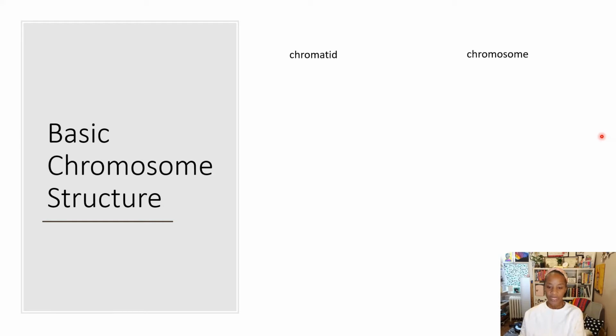Now, before we get into division, let's start by looking at some basic chromosome structure. Okay, and now I'm going to make you endure my drawing. So here we go. A chromatid is a single unit of chromosome structure. It looks like this.